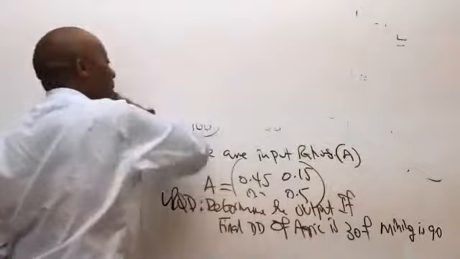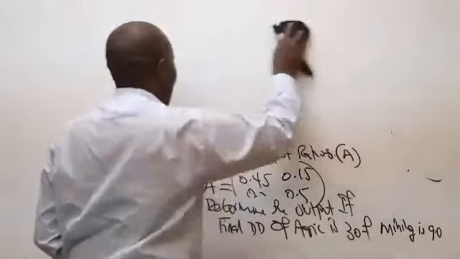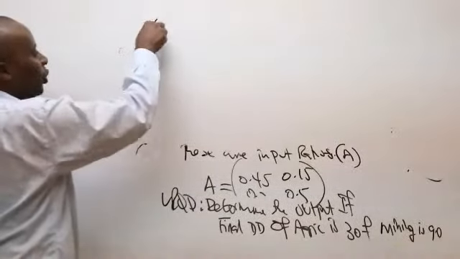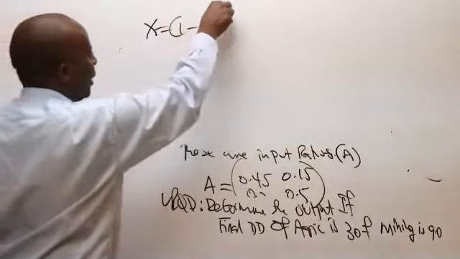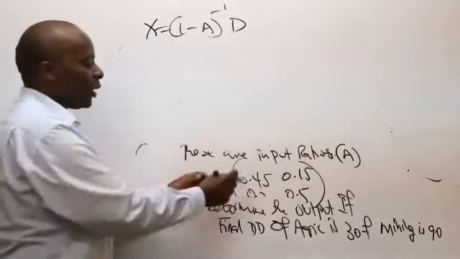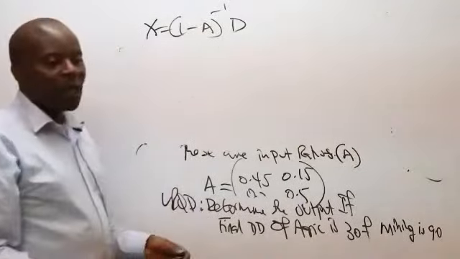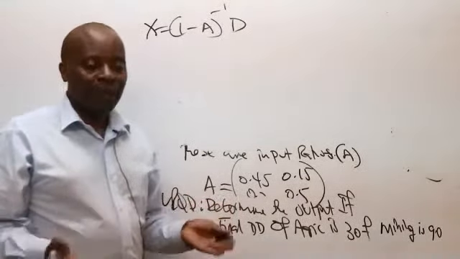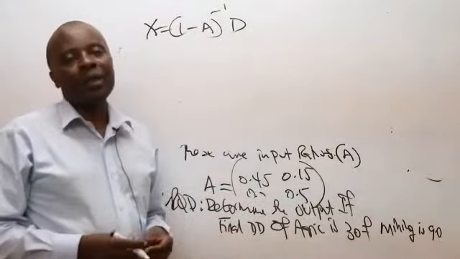I need to remember Leontief's inverse model, which tells me that X is equal to (I minus A) inverse times D. Then you go through the entire process that I've just shown you a few minutes ago.